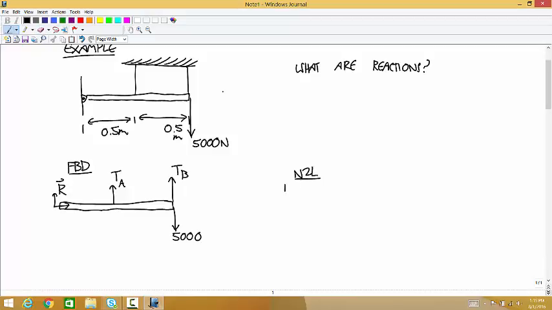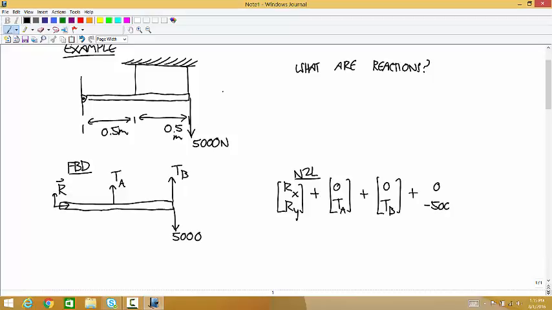Newton's second law says R, X and Y, plus 0 TA, plus 0 TB, plus 0, negative 5,000, is equal to zero.